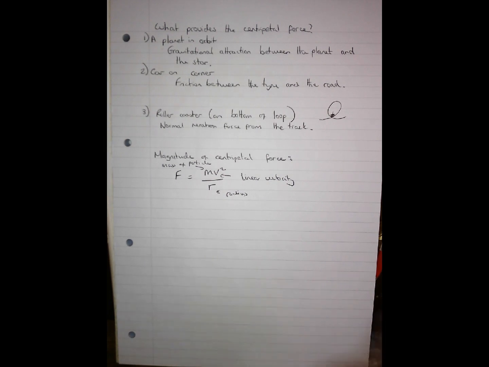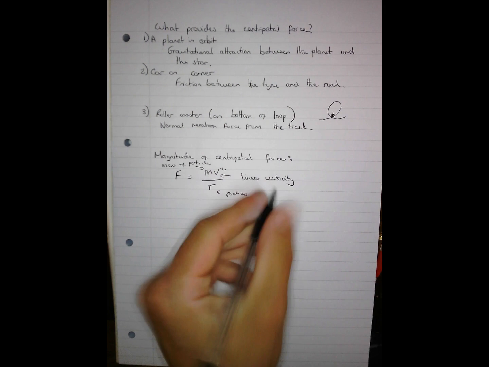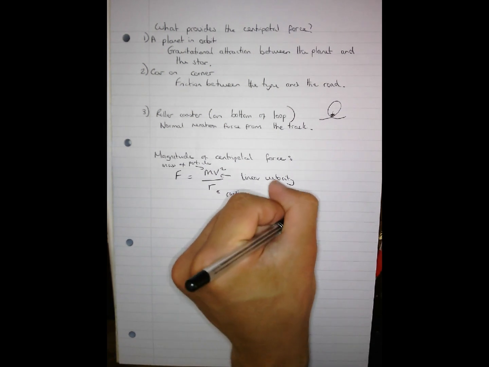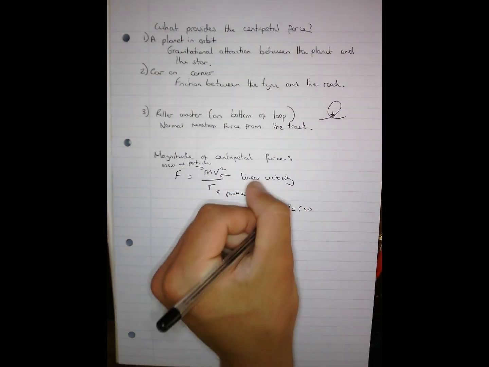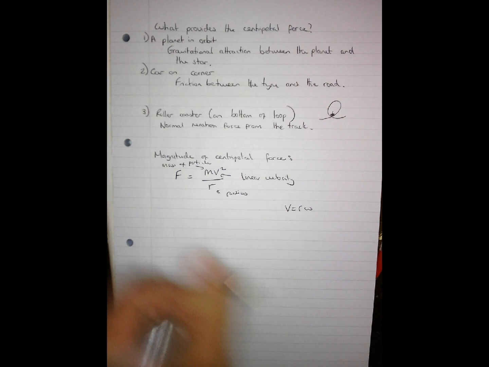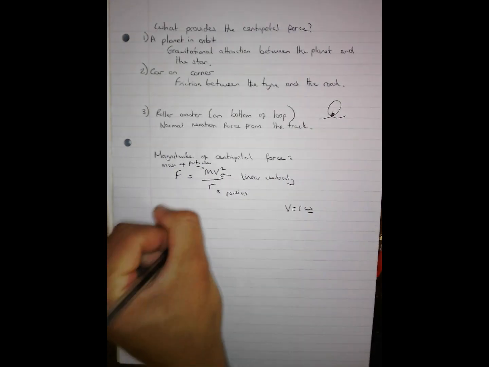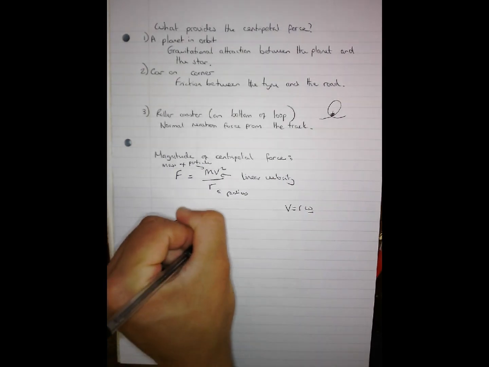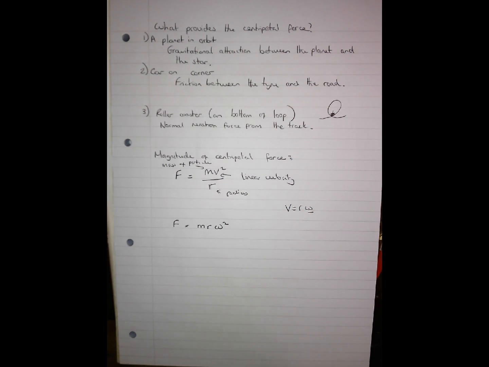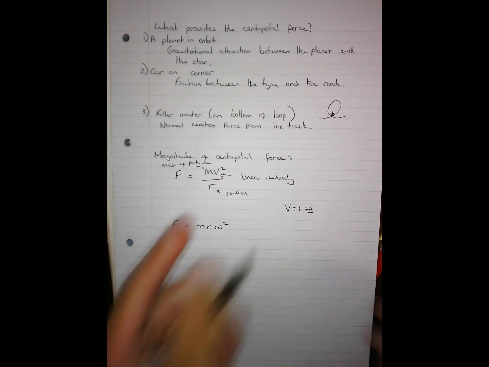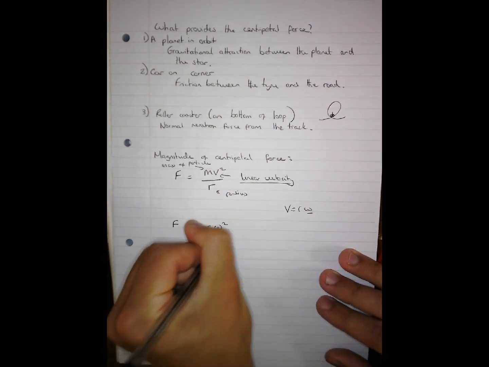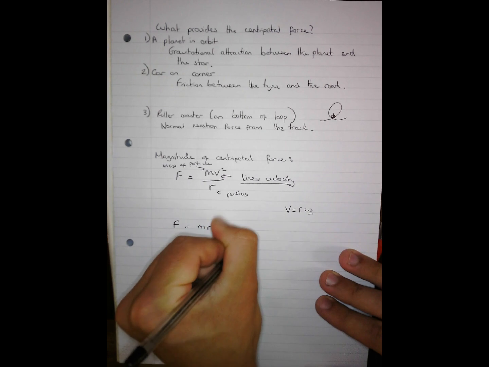What we can do with that formula, helpfully, is we can use our v equals r omega formula, rearrange and substitute in for omega, and what we end up with is F equals m r omega squared. These 2 formulas are equivalent. It just depends on whether you're working in terms of the linear velocity, or in this case, the angular velocity.